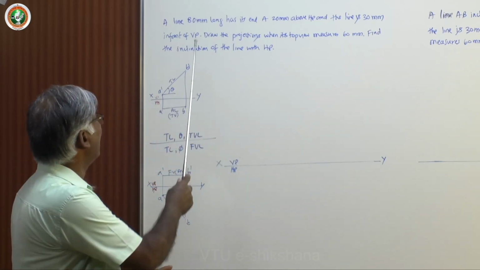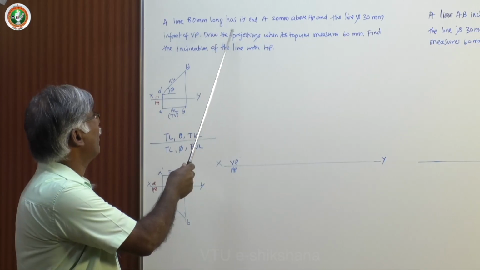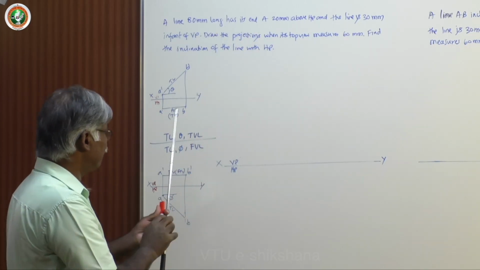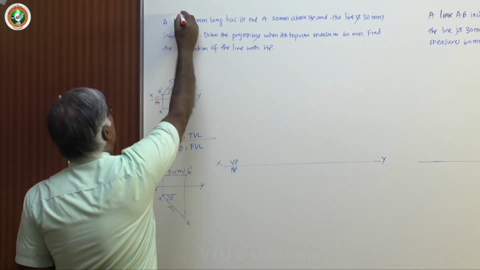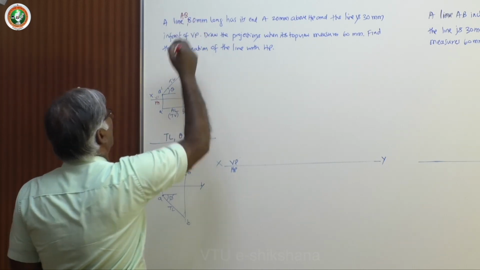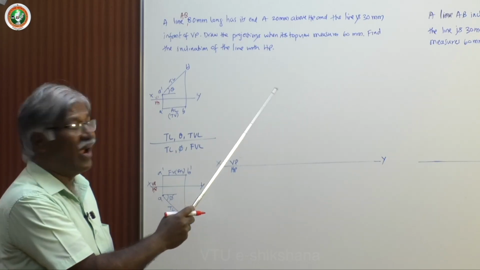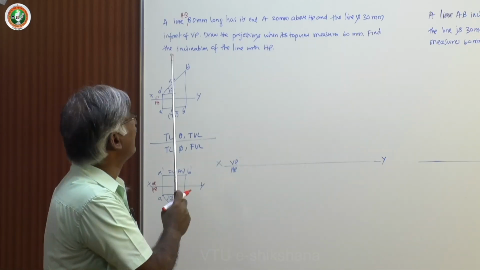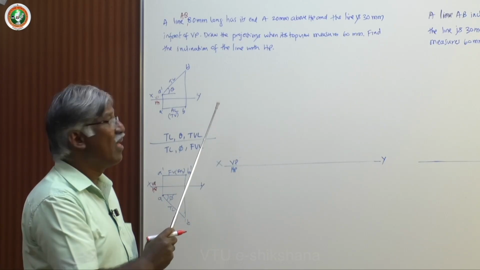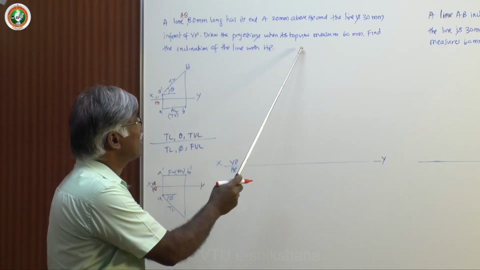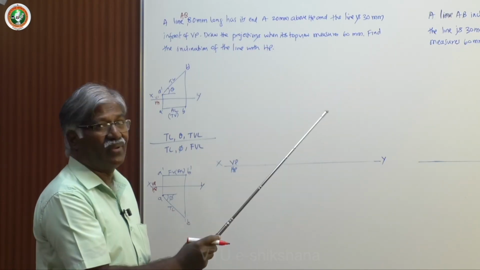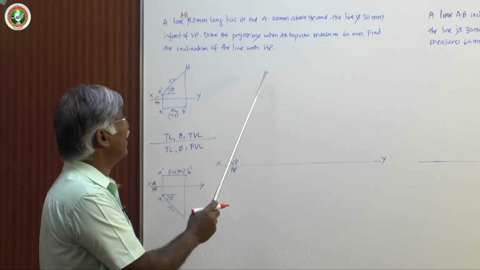The line AB 80 mm long has its end A 20 mm above HP, and the line is 30 mm in front of VP. Draw the projections when its top view measures 60 mm. Find the inclination of the line with HP.